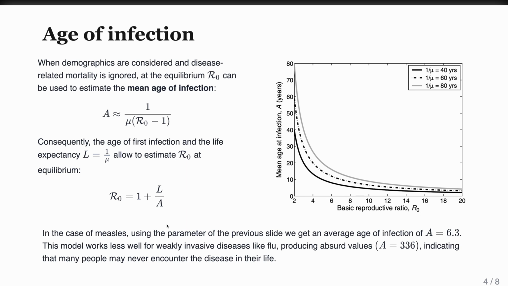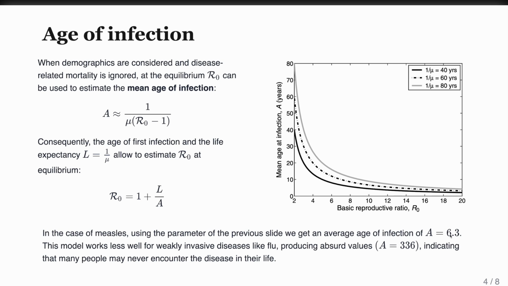Again, by using the parameters that I showed you in the previous slide, for measles, we can show that the mean average of infection is very low, it's 6.3 years. So on average, children will encounter measles at an age of more or less 6 years.